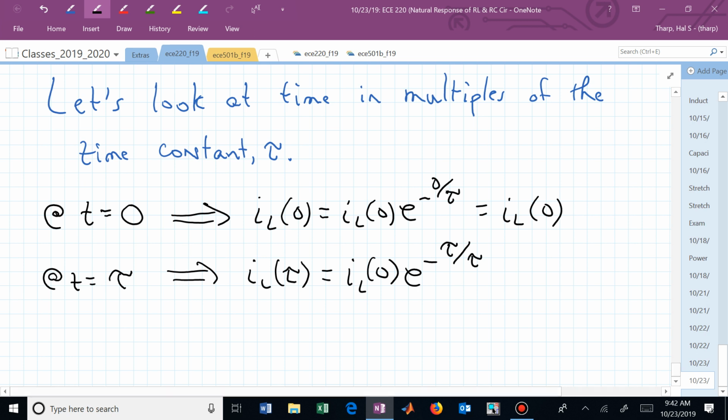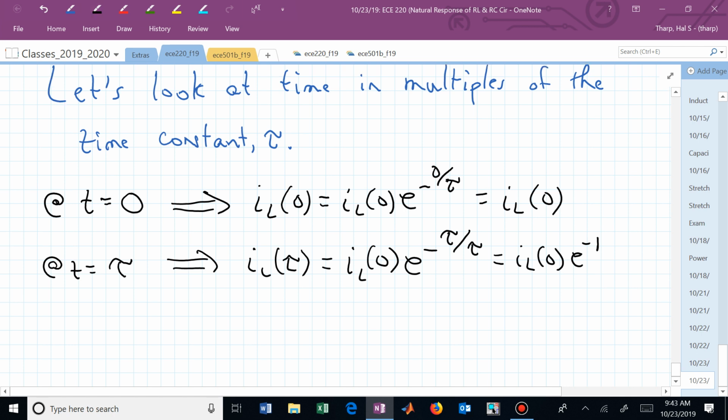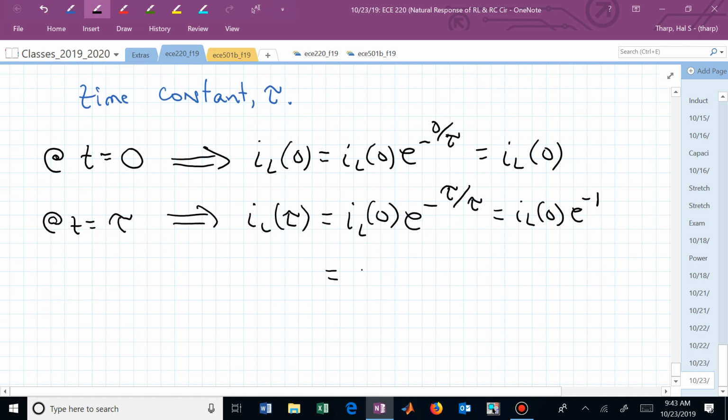But that's now just scaling the initial value of our current by e to the minus 1. And what is e to the minus 1? Do you remember? We've talked about it already in class, haven't we? If we really plugged it in, would it be 0.36?